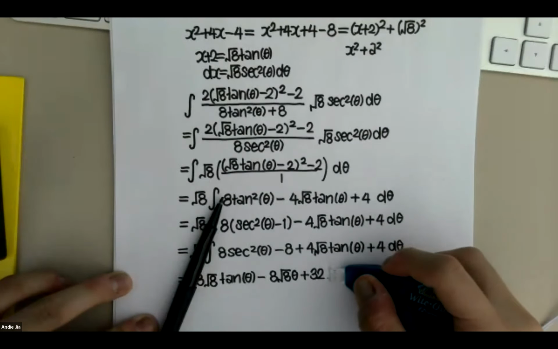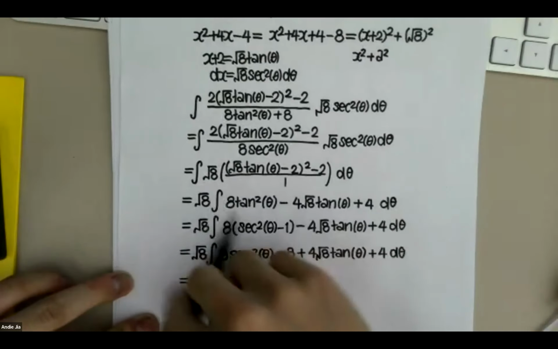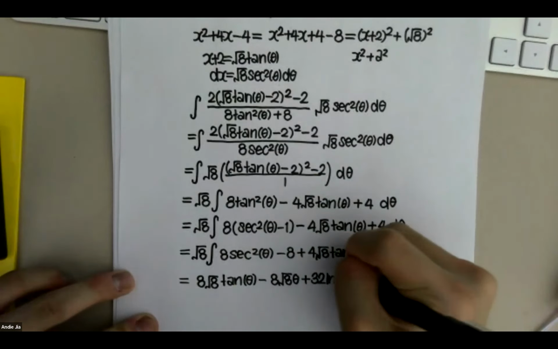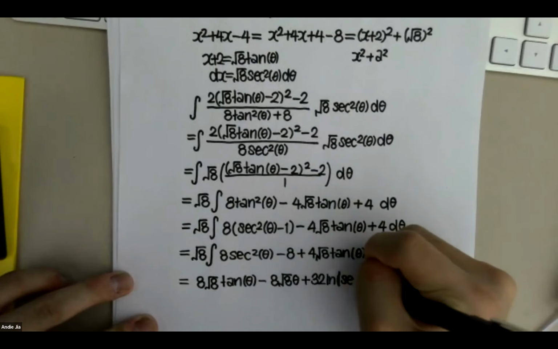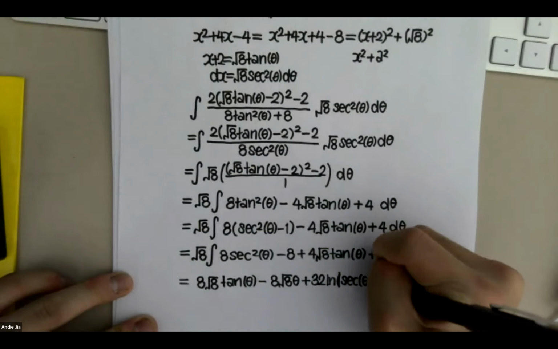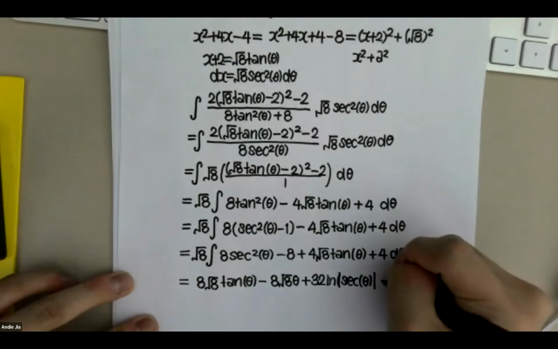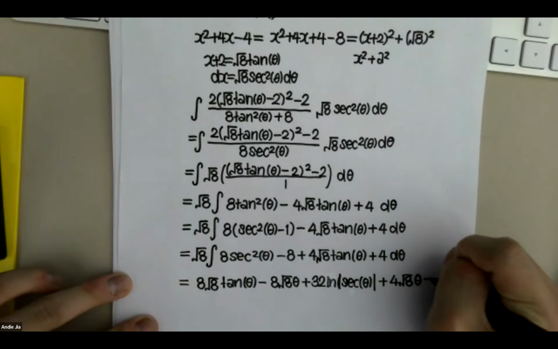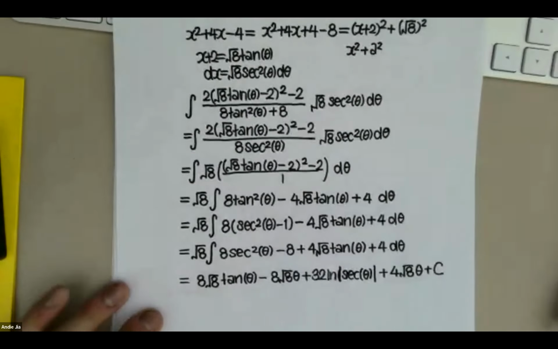The antiderivative of tangent is natural log of secant of theta, then plus 4 radical 8 theta plus constant of integration.